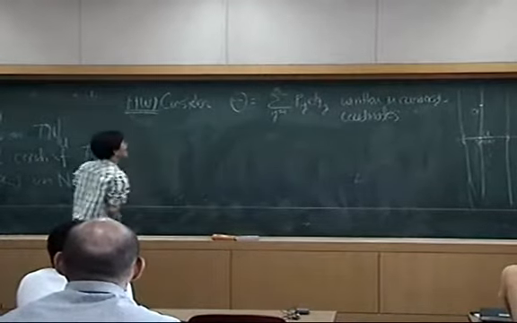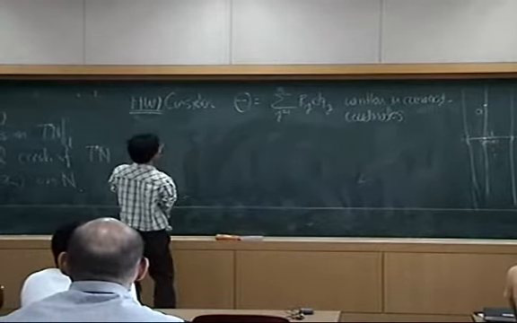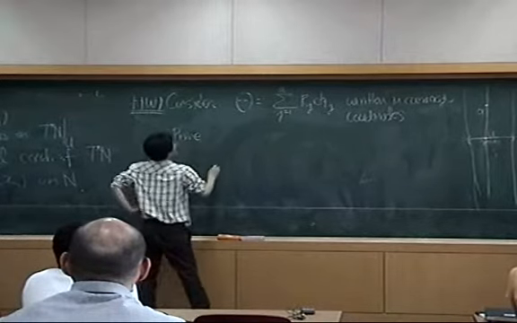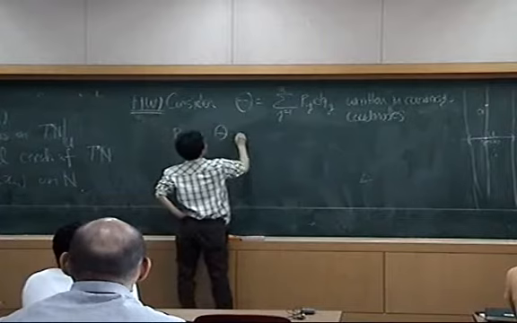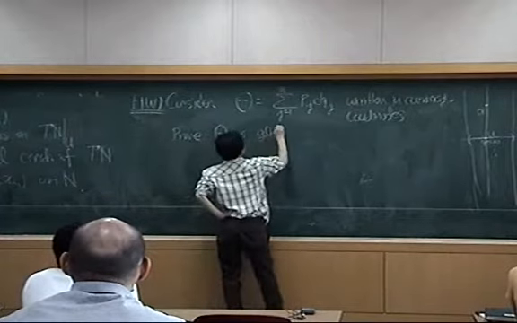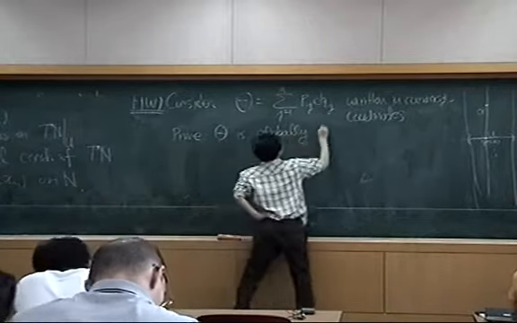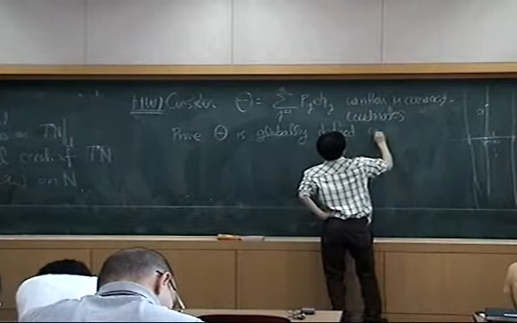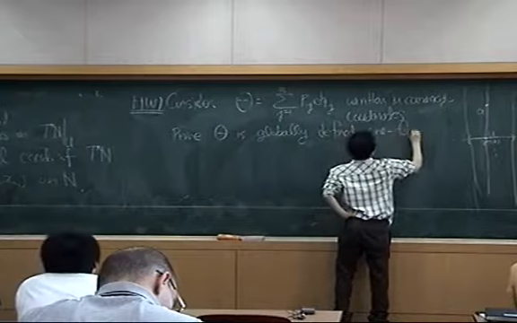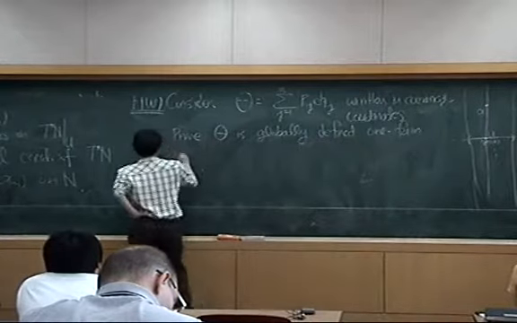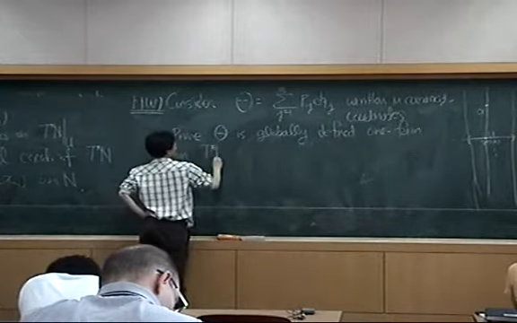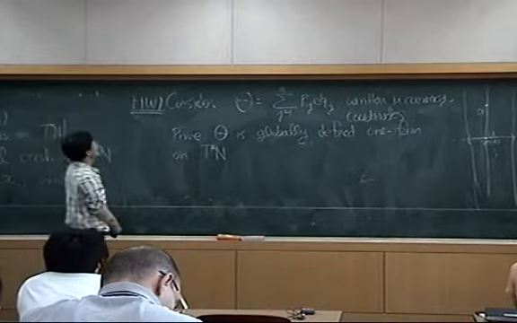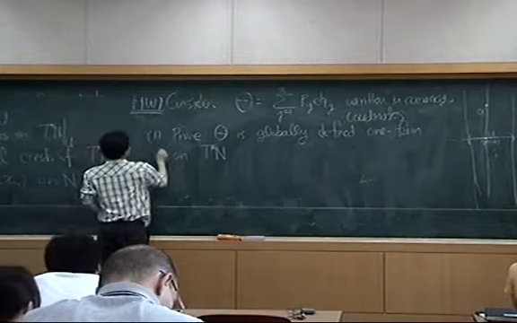So in other words, prove that this theta is a globally defined one-form on the cotangent bundle.